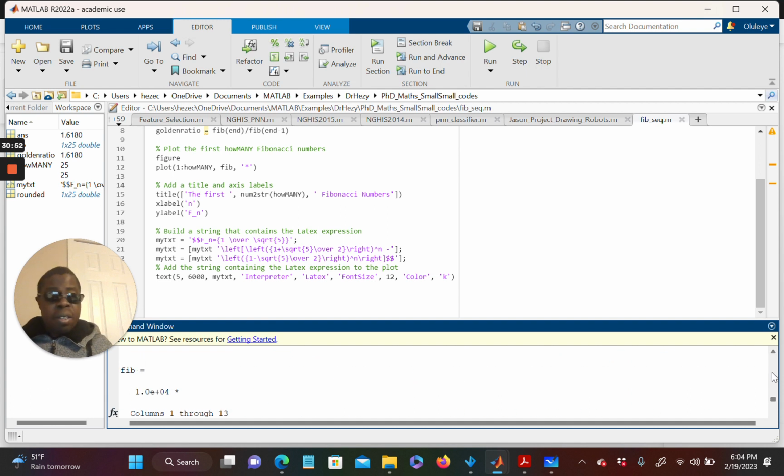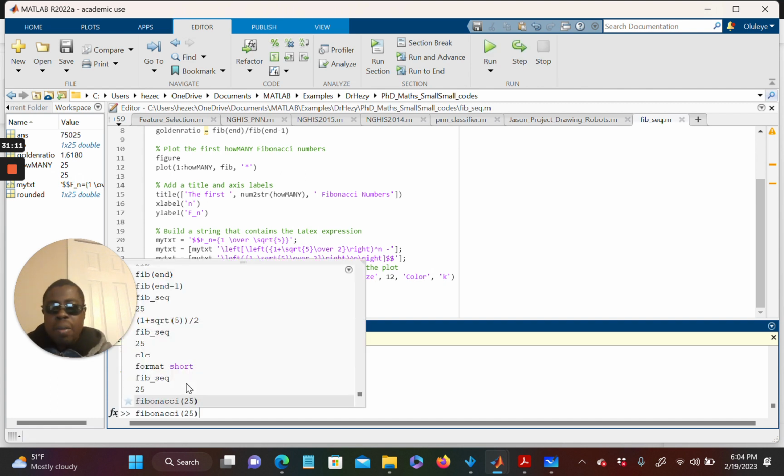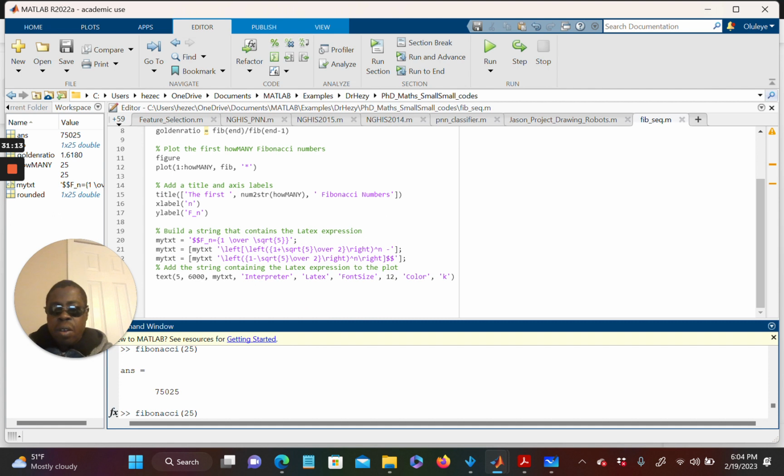It's still the same numbers, and there is a standard function in MATLAB that you can use to generate Fibonacci numbers. How? Oh no, that is the 25th one. Let me see. I'm not sure that was right. Might be right.